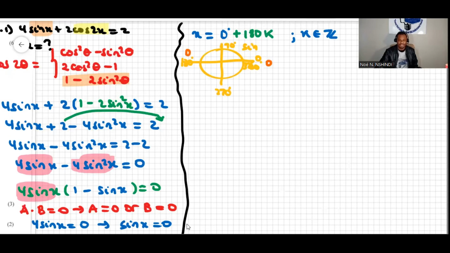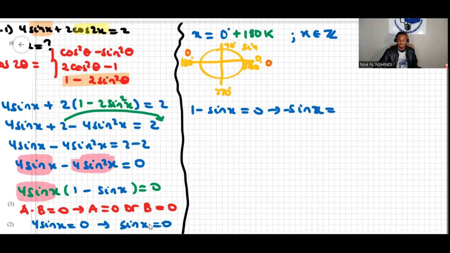So every 180 degrees: if k is 0, it's 0 degrees, sine of 0 degrees is 0, and then sine of 180 degrees is 0. For k equal to 2, it's 360 degrees and it's 0 all the time. So this is correct.